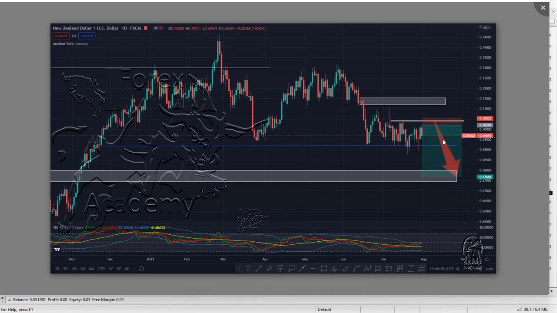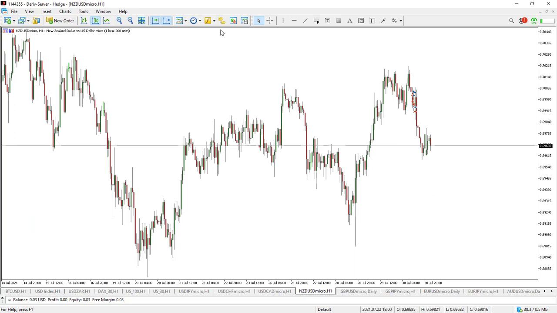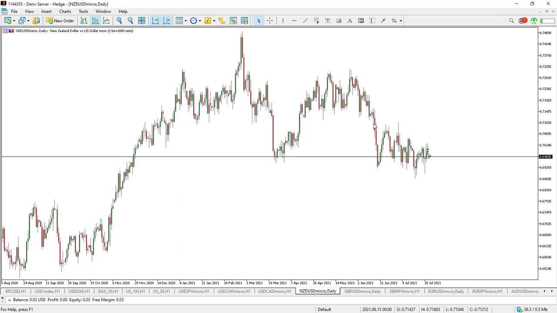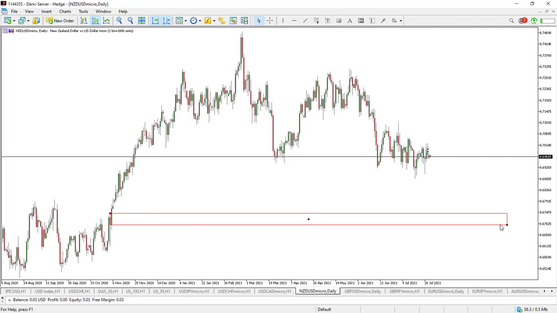We also provided this anticipation, and we will be looking to sell this pair to these areas. I won't be doing the same on NZD USD. That's for you to look for a trigger pattern on this pair, and this should be your main target.